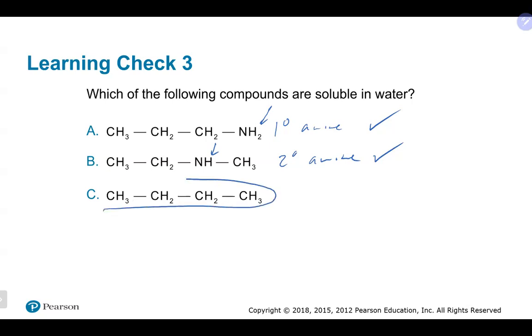This is not an amine, this is an alkane, which is all nonpolar, right? Which means it's not going to have any place or way to interact well with water. It's going to try to use dispersion forces. Water is going to use hydrogen bonding. Not so good on that particular one. Any questions on any of those there?